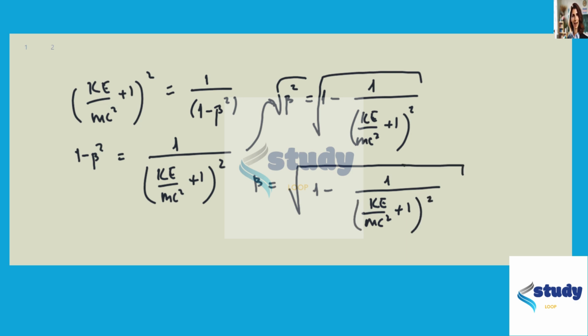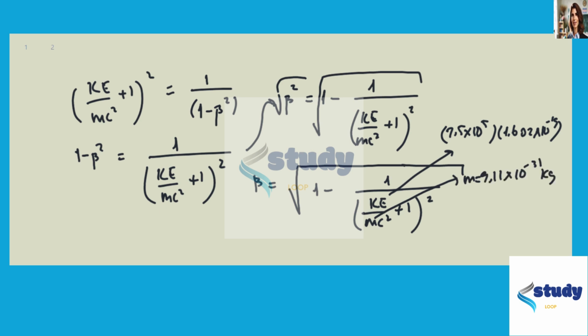So if you plug in the values, for the kinetic energy, put 7.5 times 10 to the power 5 times 1.602 times 10 to the power negative 19. Here, as you know, m is the mass of an electron, 9.11 times 10 to the power negative 31 kilograms. And for the speed of light, obviously, we're going to use 3 times 10 to the power 8 meters per second.